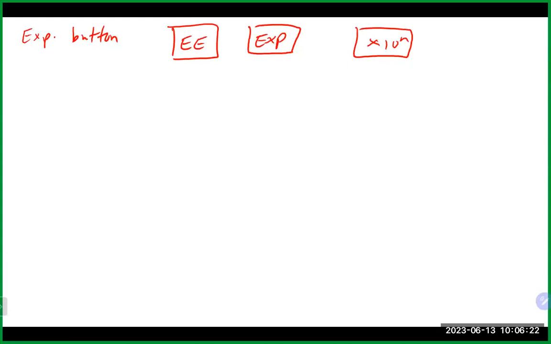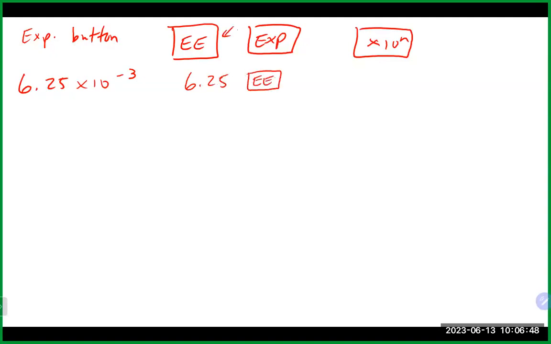No, I'm just kidding. It's okay. But these are your exponent buttons. Whenever you type something in scientific notation into your calculator, you want to make sure that you are doing it correctly. So for example, if we were going to take 6.25 times 10 to the minus 3, and we wanted to punch that into our calculator correctly, we would take 6.25 and you would hit your exponent button.